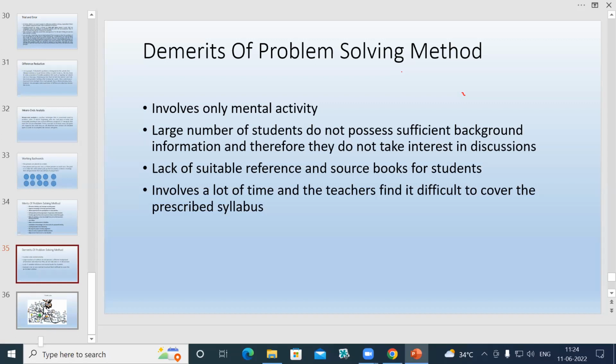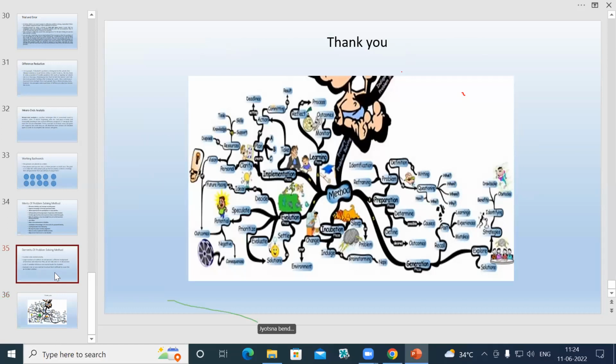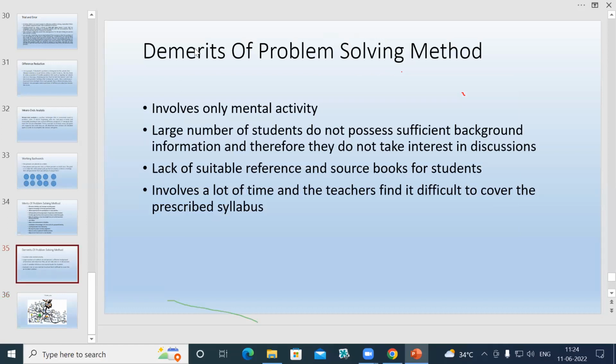Development of scientific attitude is important for problem solving. If you have developed the scientific attitude of the learner, then they can solve problems in their daily lives, in real life situations, and in their academics also. So this is the way that we can think about problem solving.